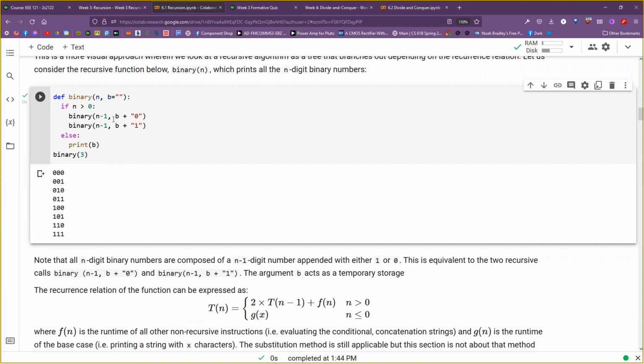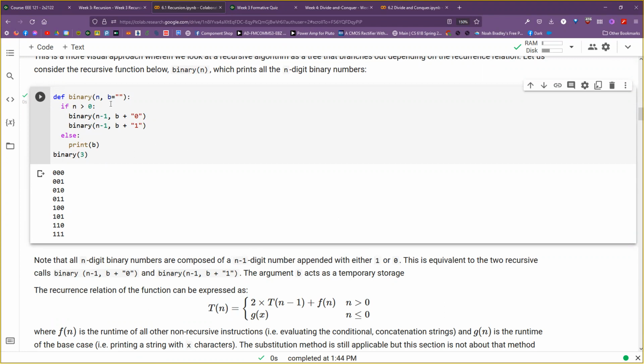So its operating principle is that all the 3-digit binary numbers are all the 2-digit binary numbers with an additional 0 or 1. So all the n-digit binary numbers are all the n-1 digit binary numbers appended by 1 or 0.